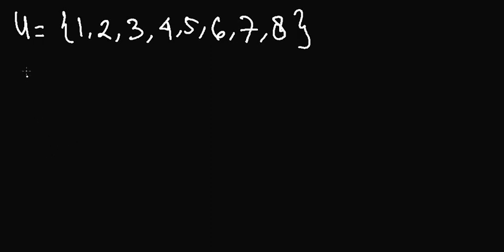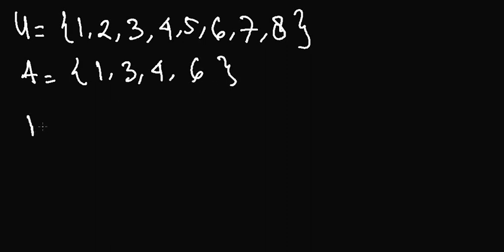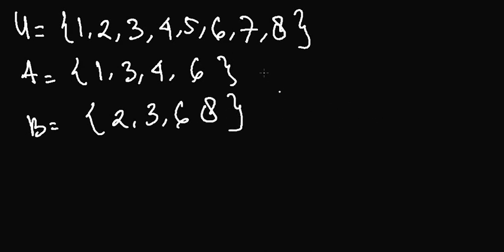Let's say set A is 1, 3, 4, and 6, and then we have set B, let's say 2, 3, 6, 8. Now, how can we draw this in a Venn diagram?